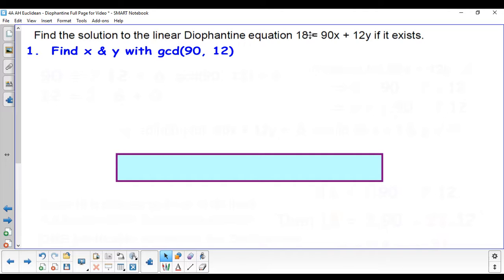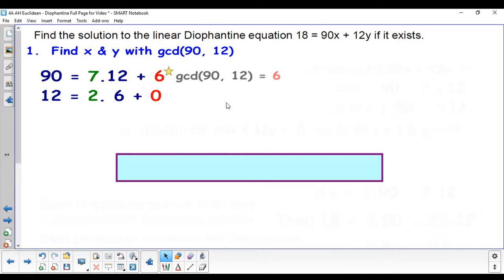So what if I said to you, you were to solve this? You would start with 90 and 12. You'd start with 90 on the left-hand side, and you'd know 7 12s are 84, plus 6 brings 12 down, and instantly you've found your greatest common divisor. Your greatest common divisor is 6, because 6 goes into both of them, it's the highest number. You can rearrange it as well.